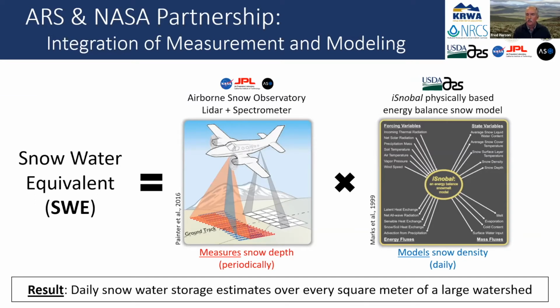So the detailed physical modeling combined with the snapshot of the snow depth on a given day really allows us to start to give daily outputs of snow water storage estimates over every square meter of a large watershed. So again, going back from having knowledge about just a few points, we now can produce information for many points, or millions of points within the watershed, essentially.